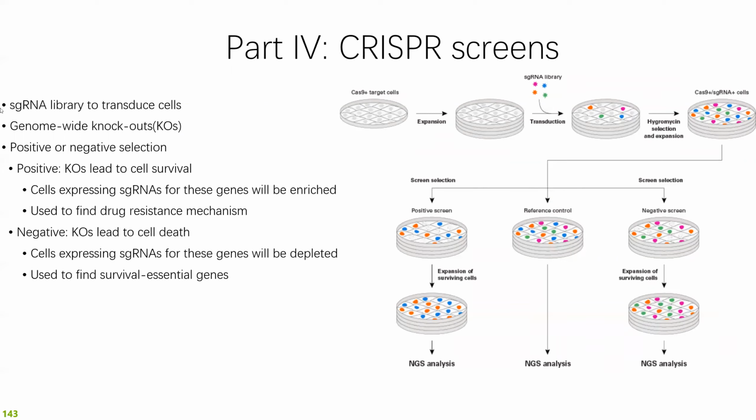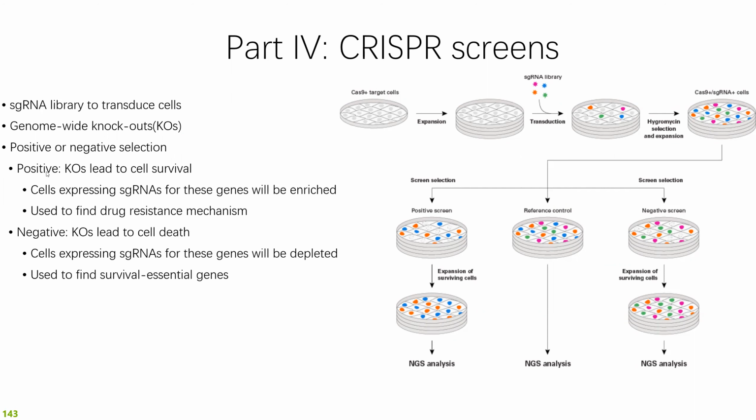And we transduce cells with the sgRNA library, usually through the use of viral vectors. And since sgRNA targets many different genes, they can perform genome-wide knockouts. And based on cell survival, we can see positive or negative selection of genes.